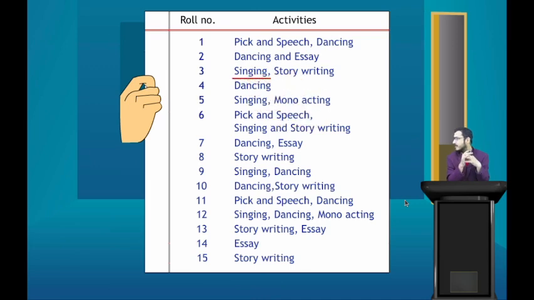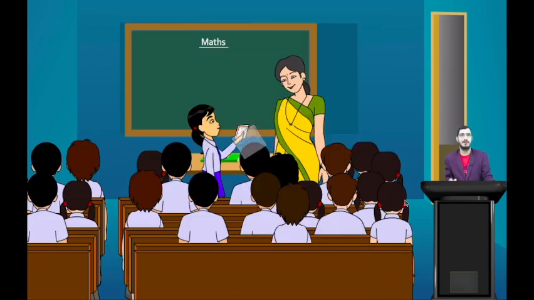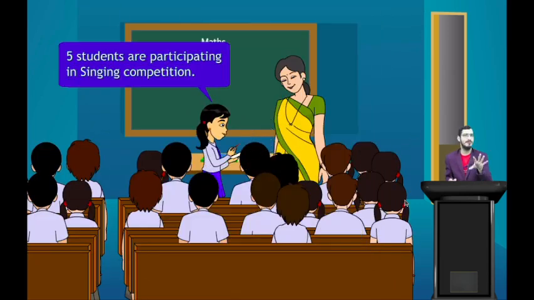You can see the table here. Singing: roll number 3, roll number 5, roll number 6, roll number 9, roll number 12. So there are 5 students participating in the singing competition.